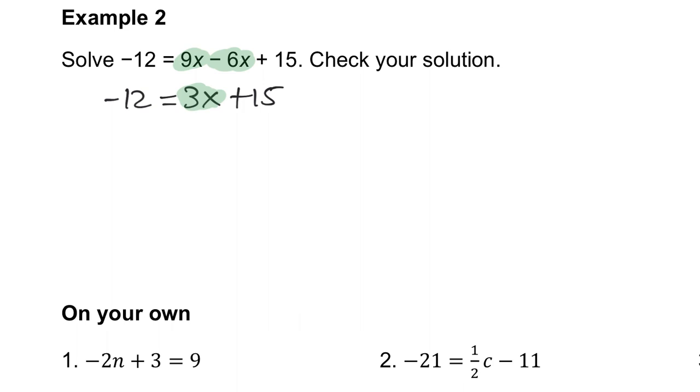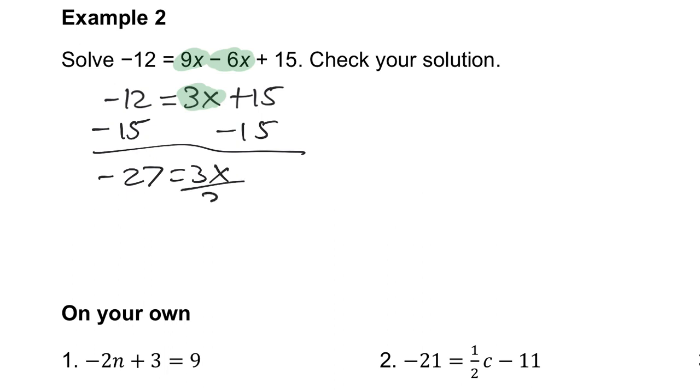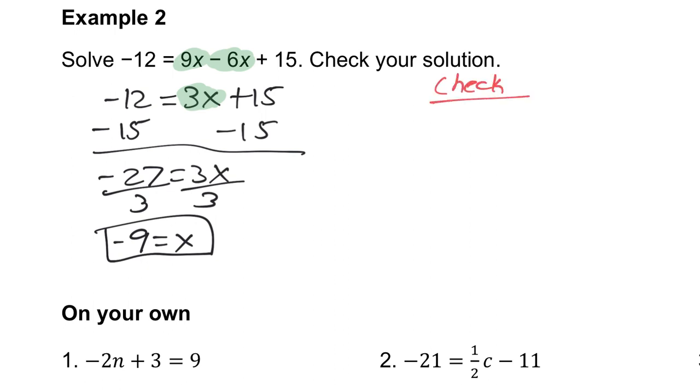Now I can subtract 15 from both sides. I'm going to get negative 27 equals 3x. Divide both sides by 3, and I get negative 9 equals x. Do a quick little check step here. Is negative 12 equal to 3 times negative 9? Actually, sorry, I'm going to check it from the very beginning.